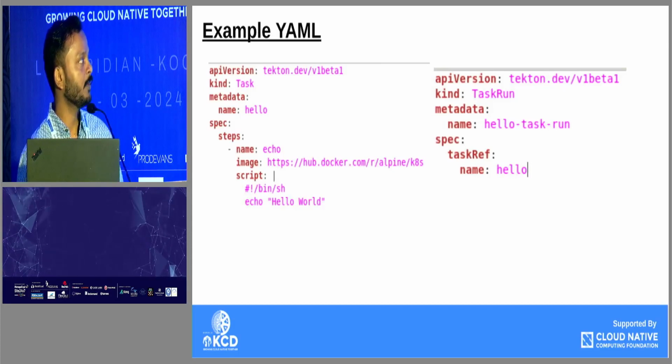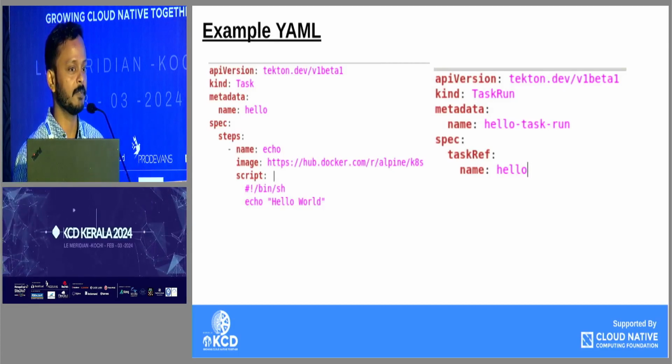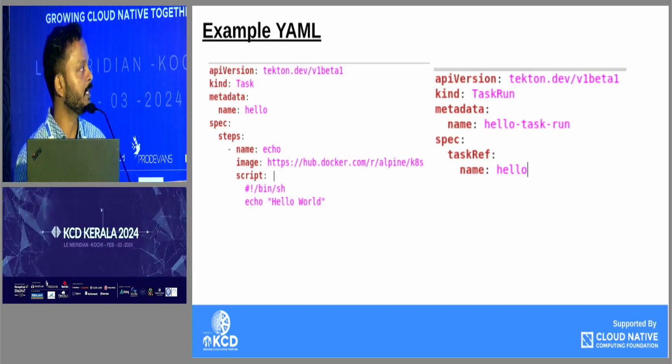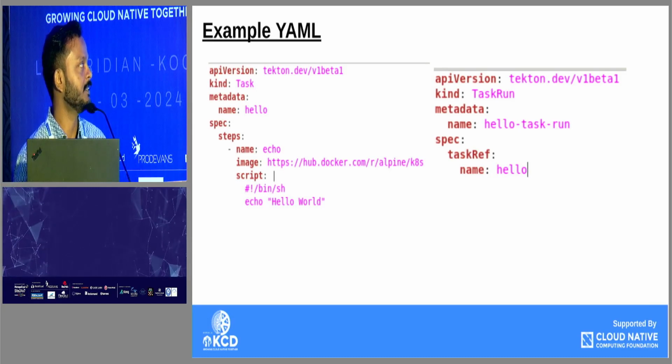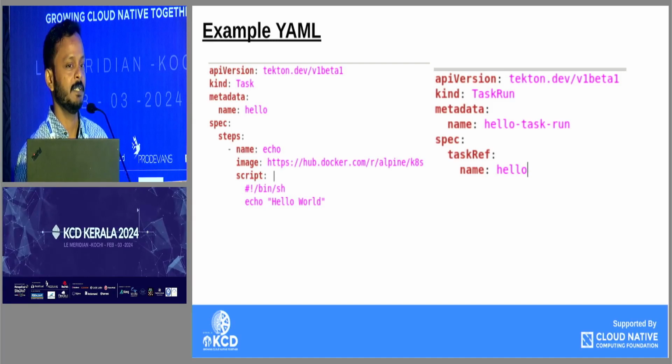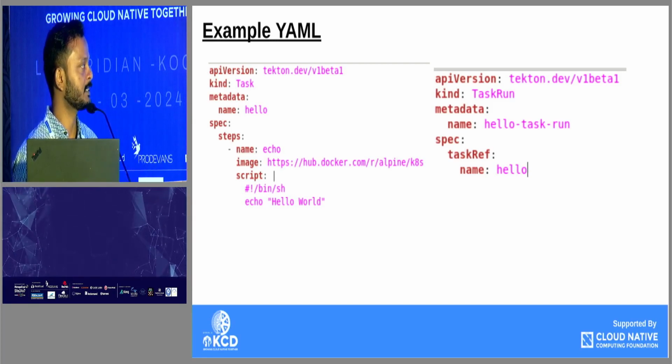So this is how a task YAML would look. It's pretty simple. Anyone who has been using Kubernetes can create a YAML file. It's of kind Task, the name can be anything, and it consists of multiple steps. Out of these, the most important parts are the image and the script used.